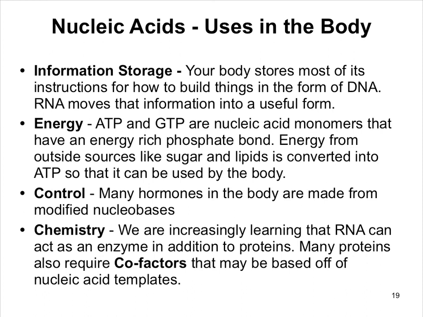So RNA can also act as enzymes. RNA enzymes are called ribozymes. We don't know how important it is. We know that it's pretty important. There are some really important enzymes that are made out of RNA. But it's an area of active research, just exactly how many, what percentage of enzymes are RNA.